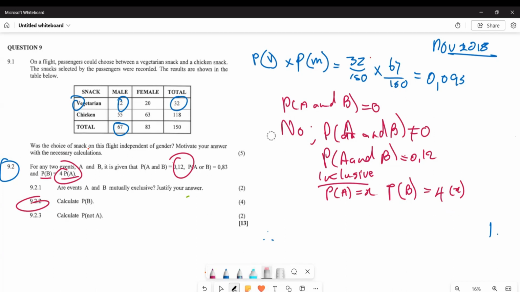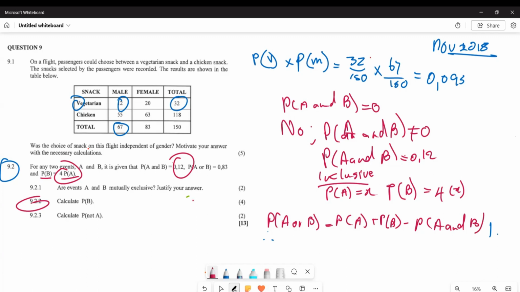Now let's use it. What is it that we are then going to do? From here, we are going to say these two events are mutually inclusive, which means the probability of A or B is the same as the probability of A plus the probability of B, subtract the probability of A and B, right?